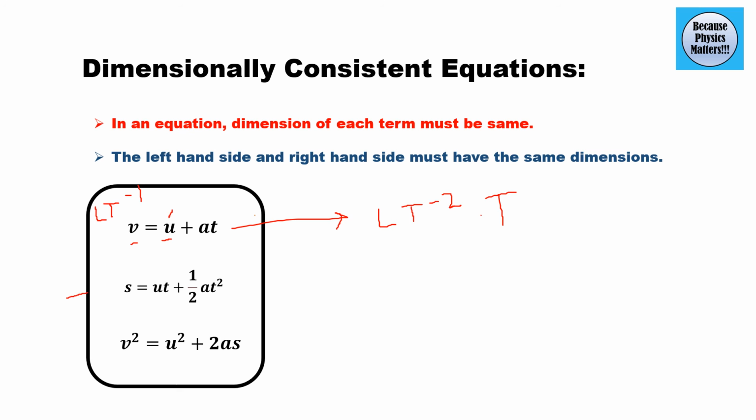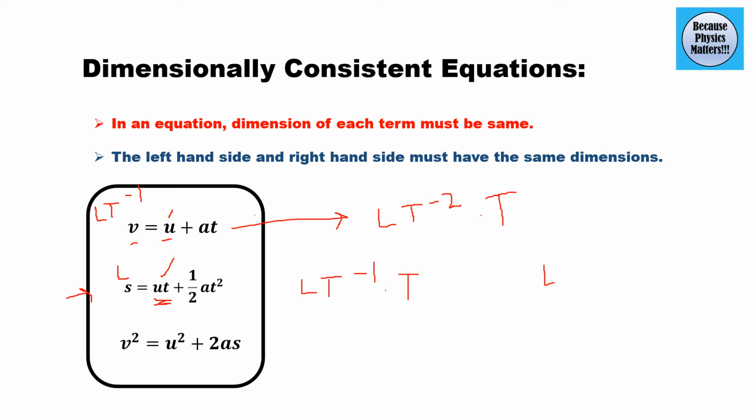Similarly, you can check for the other equation also. Here S is the distance, so the dimension is simply L. Now if you calculate the dimension of U into T, U is, as you know, the speed, so the dimension is LT minus 1, and if you multiply it with time, which is T, your answer will be L. So the dimension of this first term is L, and this is also L. Similarly, A into T square.